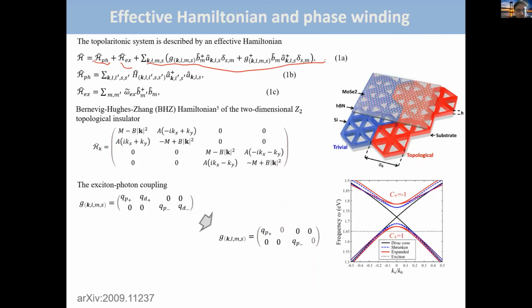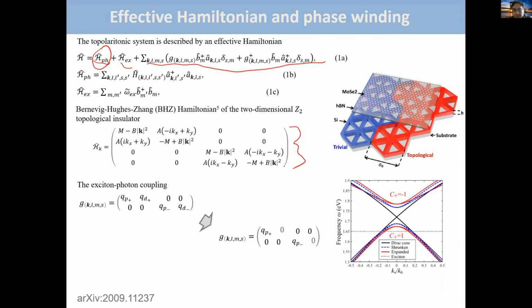For example, the photonic Hamiltonian alone is described by the well-known Bernevig-Hughes-Zhang Hamiltonian here, where 2 degrees of freedom correspond to the photonic valley degree of freedom, and 2 correspond to the polarization of light, or we can call it photon spin. And then, of course, excitons, we also know that they have in-plane polarizability.